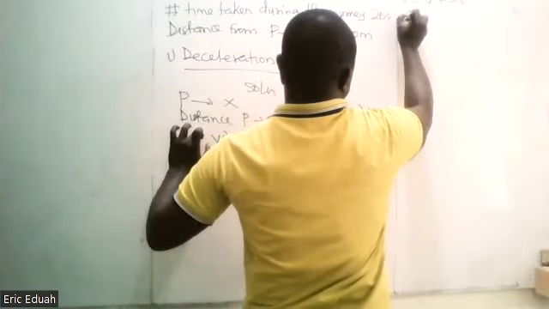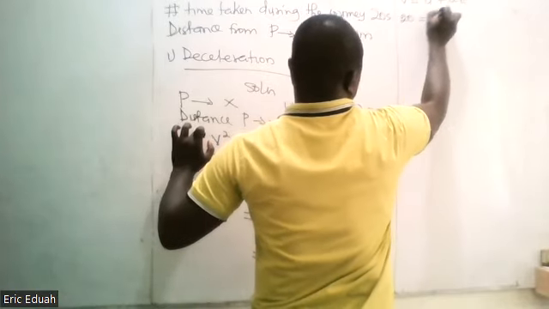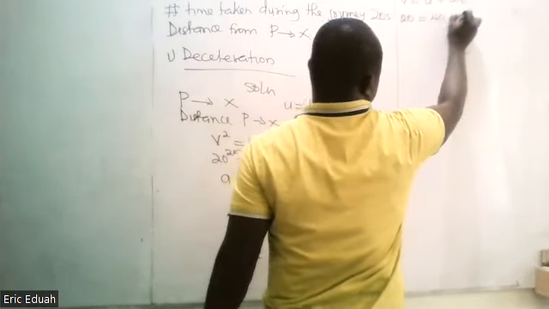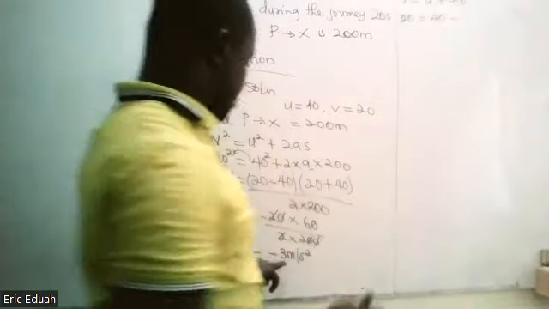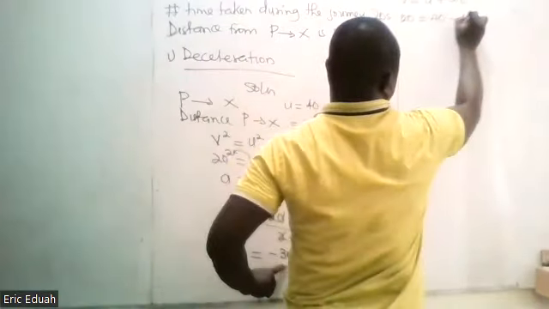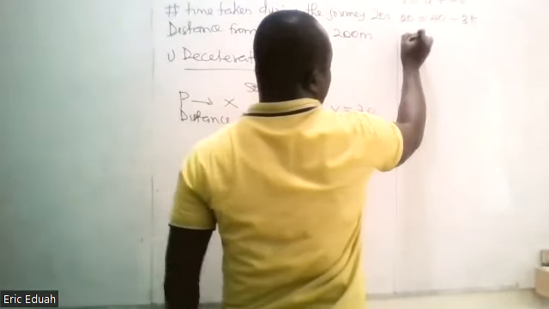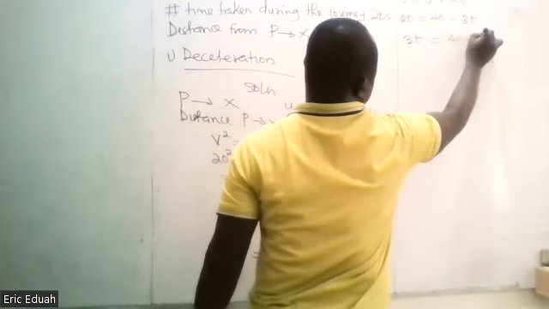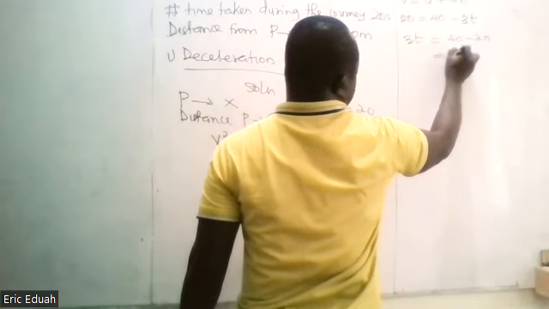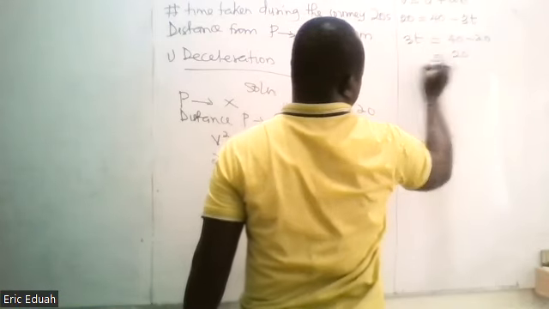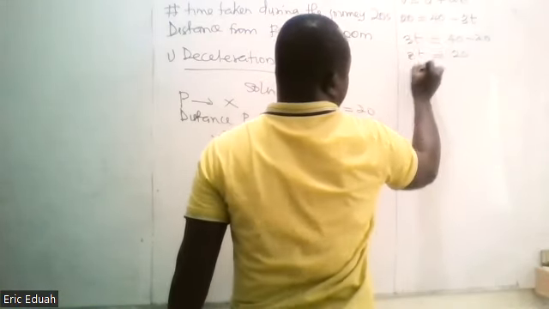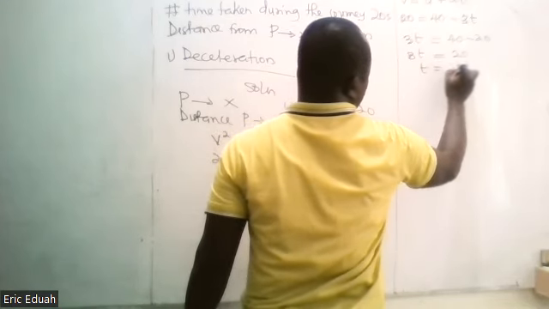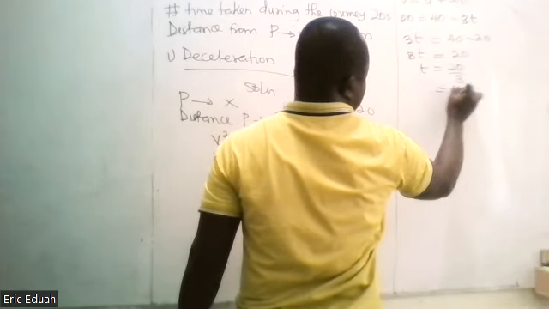V is 20, U is 40, minus 3T. This gives 3T is equal to 40 minus 20, which is 20. Therefore, T will be equal to 20 on 3.